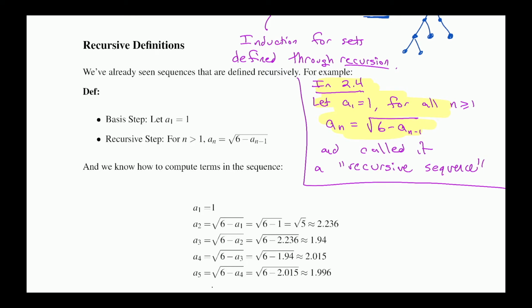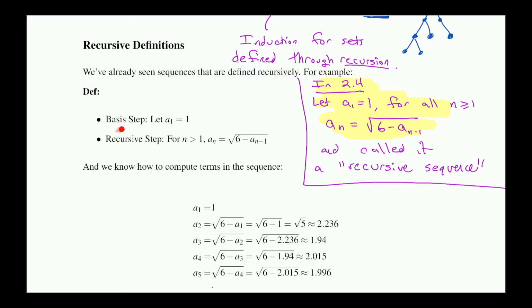What we're going to do now is we're going to split that recursive sequence into 2 steps. And we're going to call one the basis step and one the recursive step, which you can see right here.